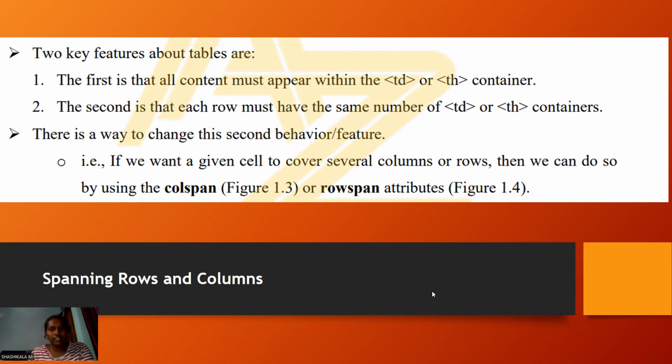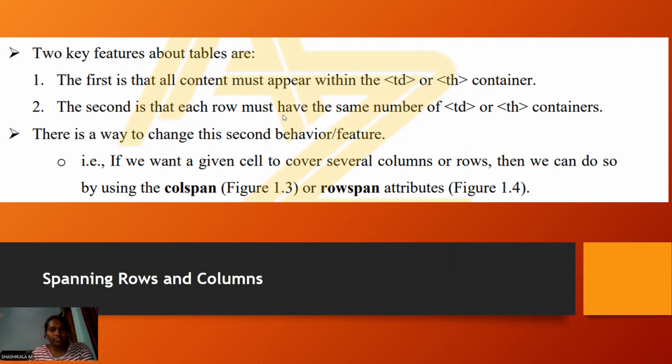So they're telling that if you are creating a table, whatever the content of the table is written within the column or heading, and however many columns you have created, each and every row should have the same number of columns or headings.